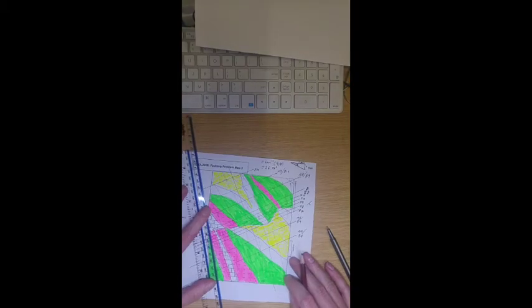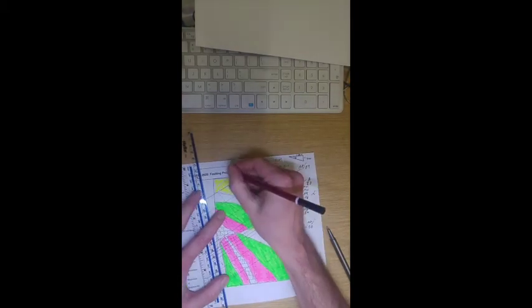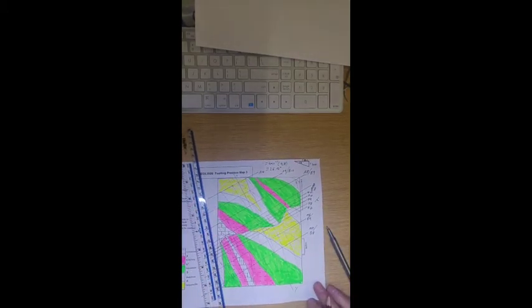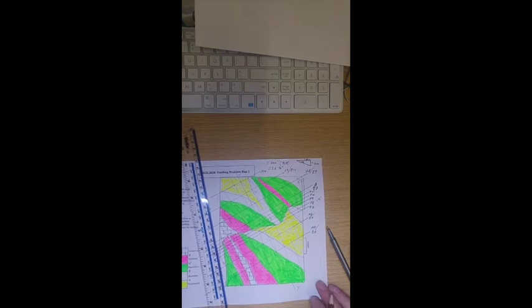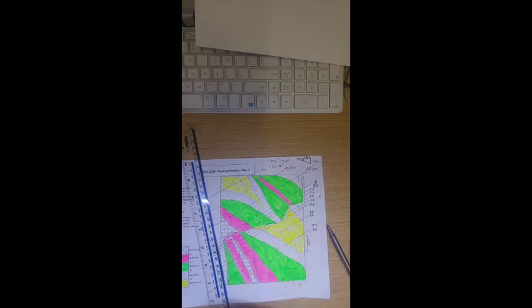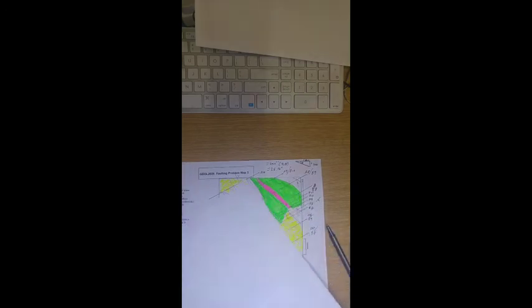So I'm going to draw it across here, and let's say this is X and this is Y. Okay, X and Y, that's going to be our cross section. And then we can put all of that information onto our ruler that we make here.